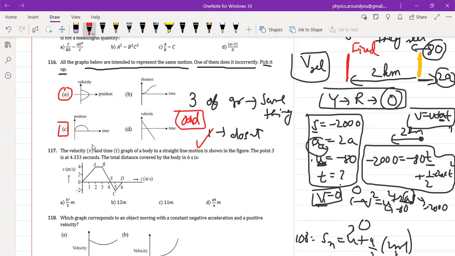Does position versus time match distance versus time and velocity versus time? Yes. Well, we can have a look at this. According to D, let's have a look at D. In the D option, velocity versus time is a straight line. That means it is telling acceleration is constant.